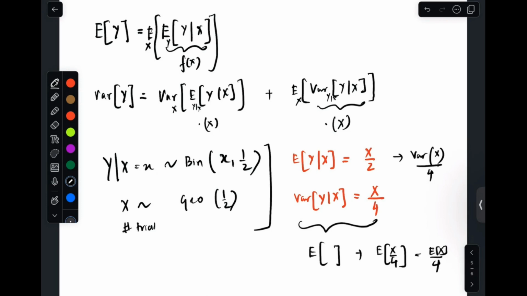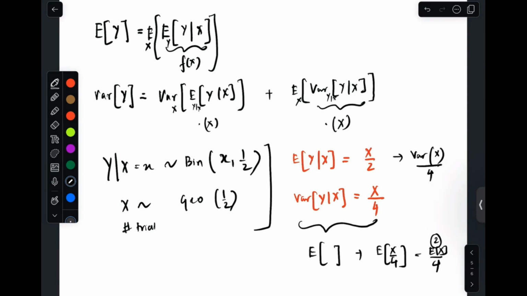So now you have to find the variance of x and expectation of x, where x is the geometric number of trials. And if you remember that for the number of trials, the expectation is nothing but 1 by p. So here this expectation, p is half, so this will be 2. And for variance, you can calculate that. I forgot the result.